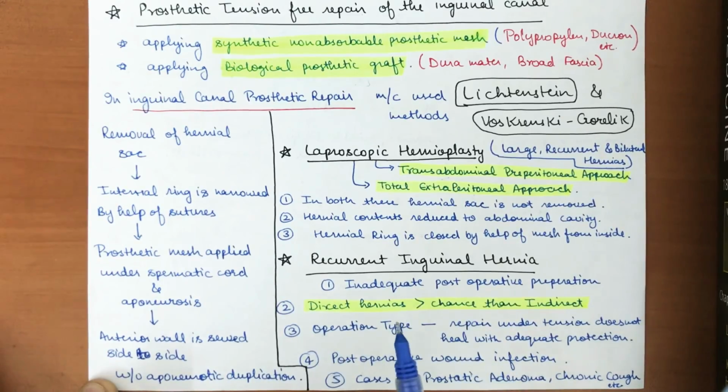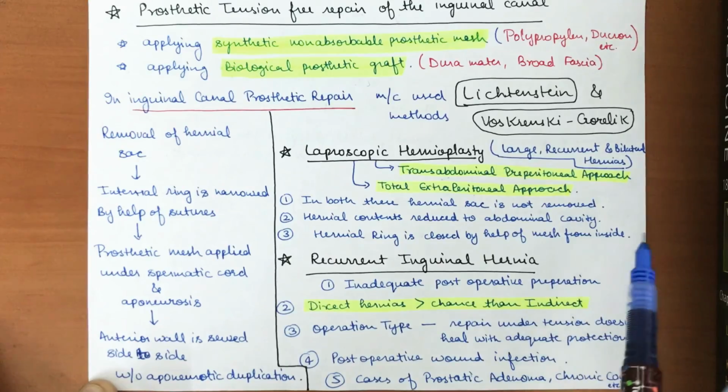So what is the operation type that we will do in recurrent inguinal hernia? A repair done under tension does not heal with adequate protection. This is not the operation type, this is basically the cause. The aponeurosis which we have done under tension does not heal with adequate protection, so that also leads to recurrent inguinal hernia.